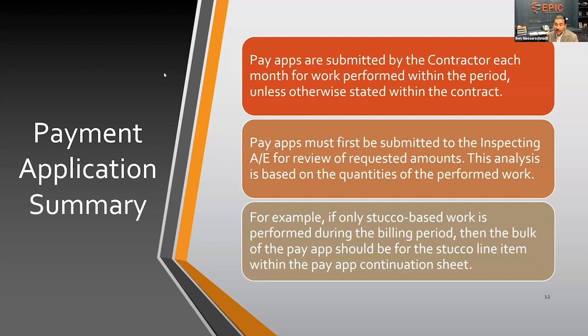Now moving over to a payment application or pay apps. Pay apps are going to be submitted by the contractor for payment each month or within the billing period. Typically it's each month, and it's going to be stipulated within the actual contract. Now there may be some contracts where the contractor is entitled to receive 20% up front and then broken down into 3 equal payments over the course of the project duration.